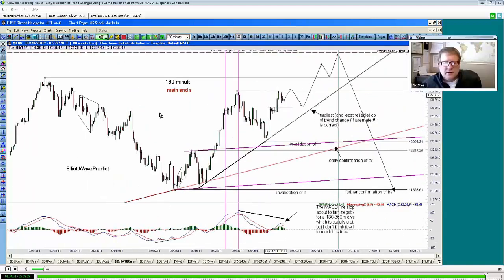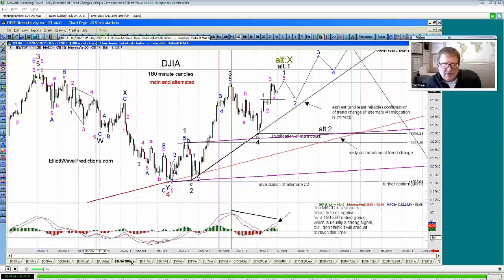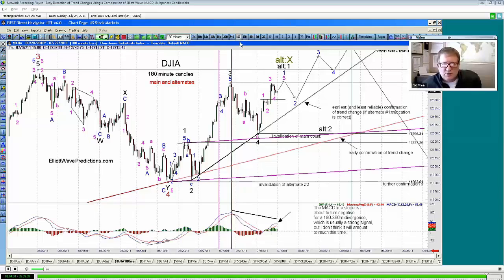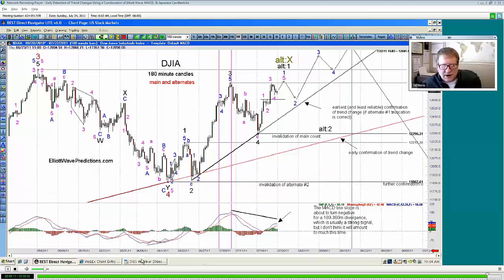So this is my intraday chart, and if I'm actively trading, I might use one chart for 120 through 360 minute, and another chart down in the 3 to 45 minute range to really get into some detail, so I know exactly where I'm at before I take a position.